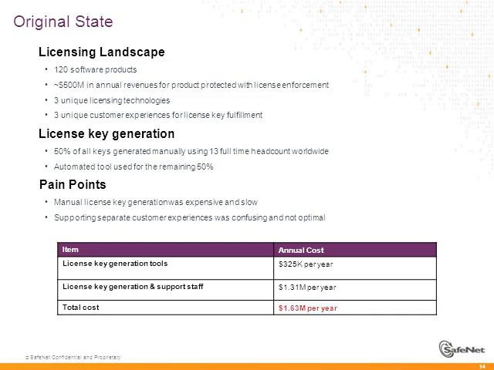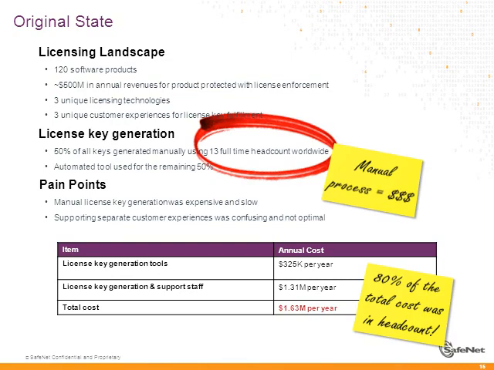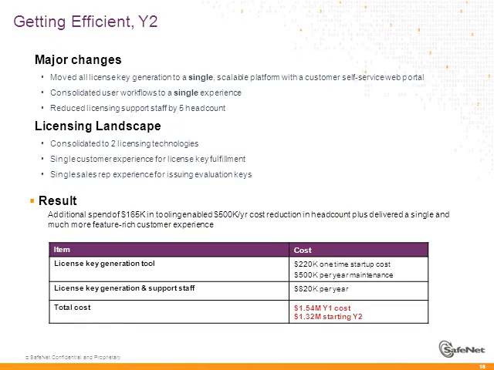If your processes aren't streamlined, if they're not automated, you can easily find yourself in this situation. The result is that those 13 people were costing this company over $1.3 million a year just in headcount to generate keys, which is 80% of the total cost of ownership of their licensing project. So that's the original state.